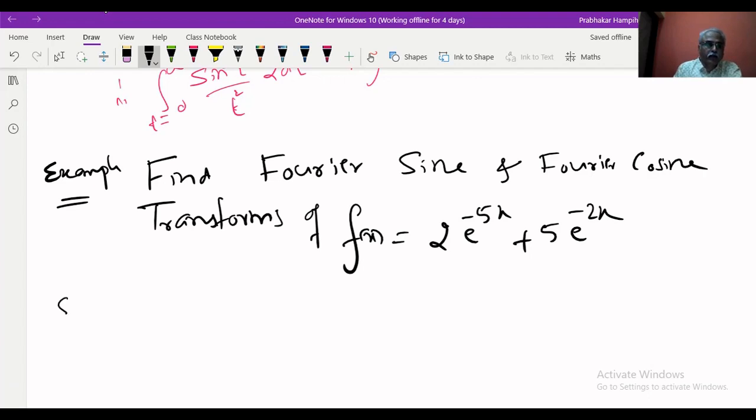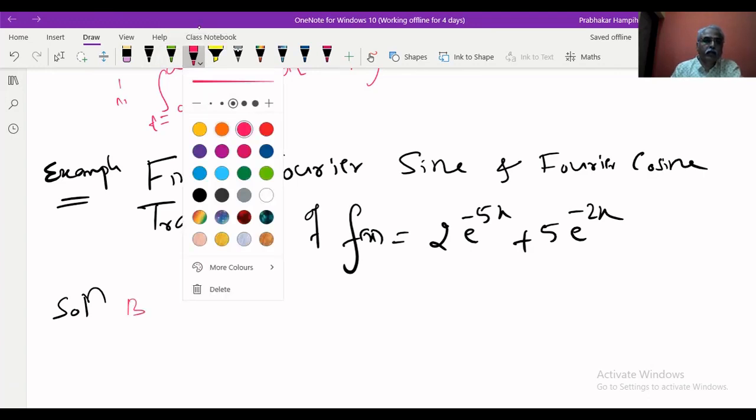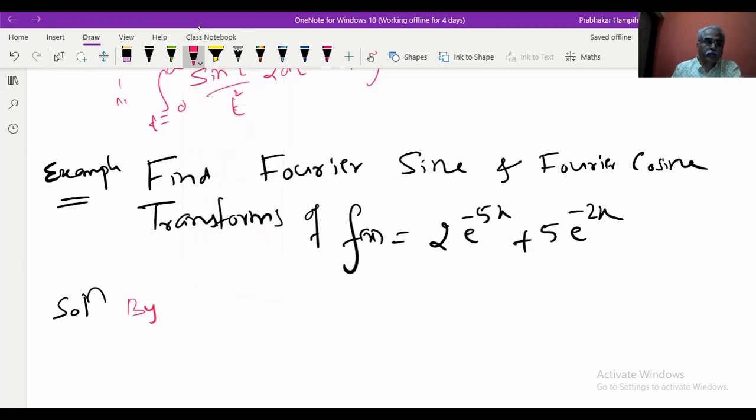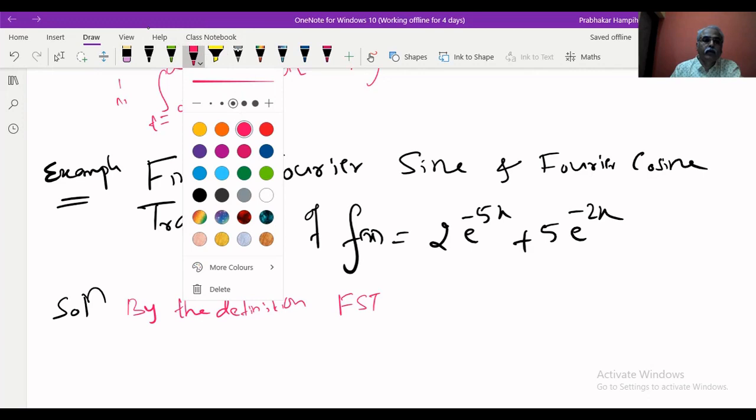So let us first find the Fourier sine transform by the definition of Fourier sine transform.